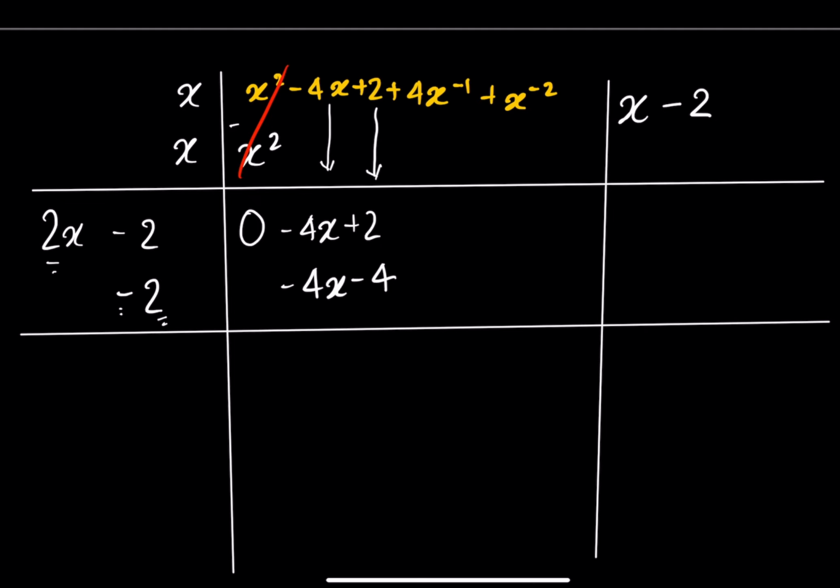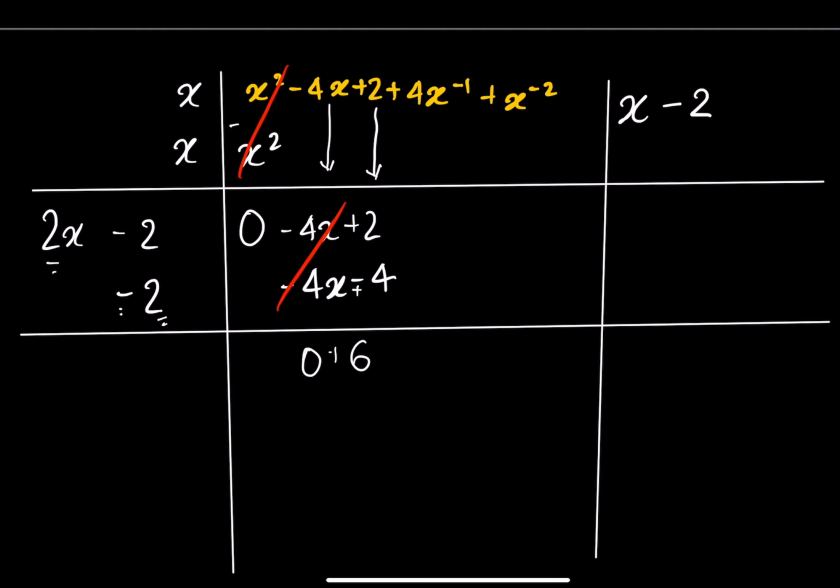So if you look at it, negative 4x and negative 4x cancel out, giving us 0. But plus 2 and negative 4 do not cancel out.